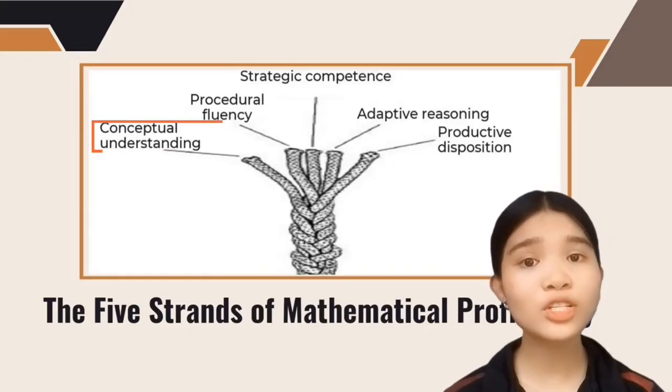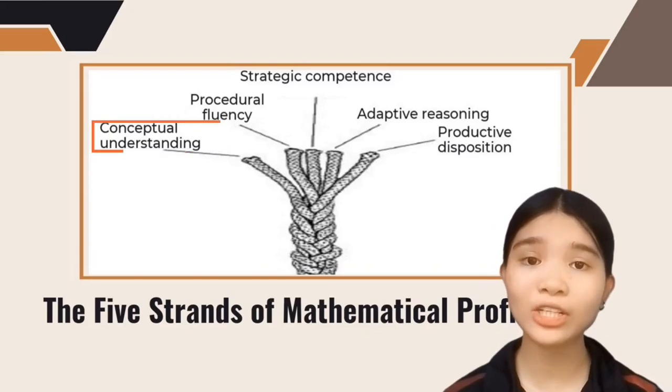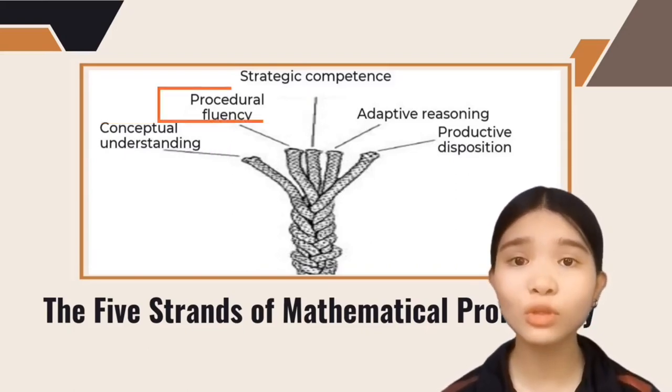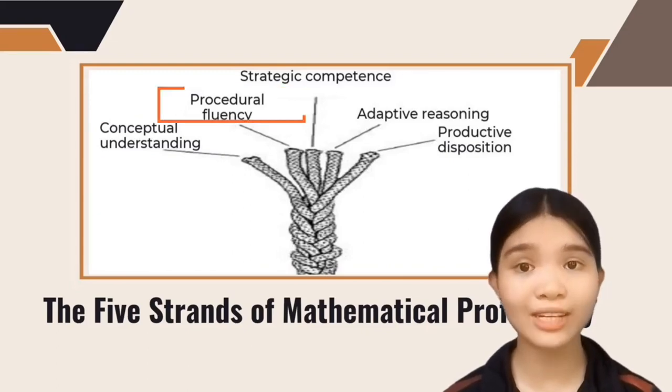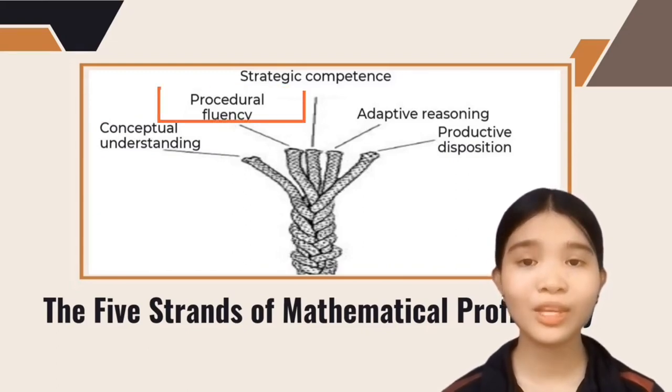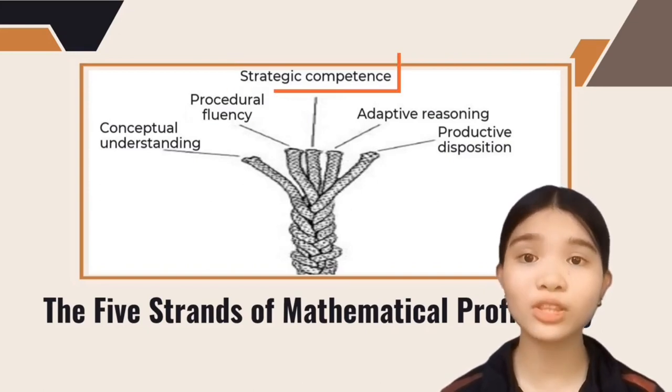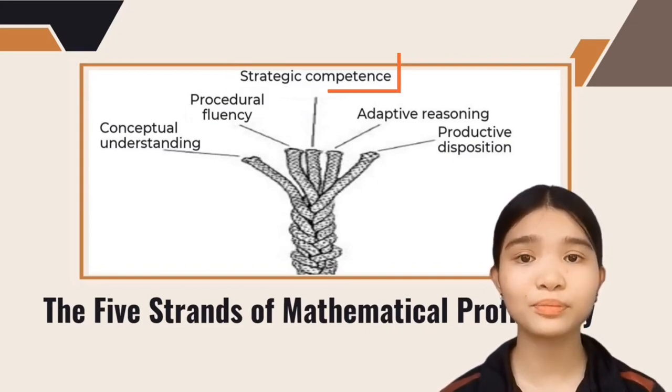Thus, the first strand, conceptual understanding, is needed so that procedural fluency, the second strand, will be developed. Let's now move on to the third strand, which is strategic competence.